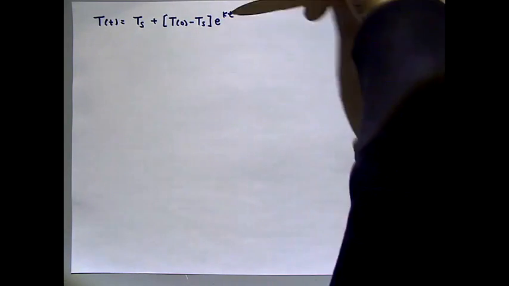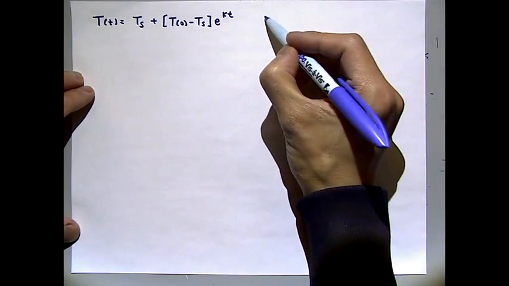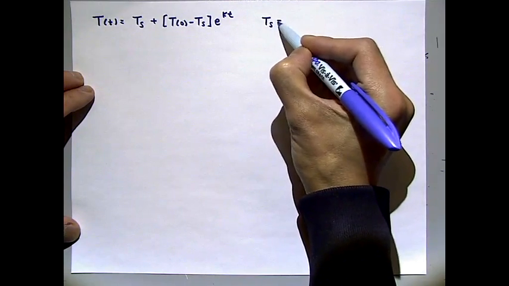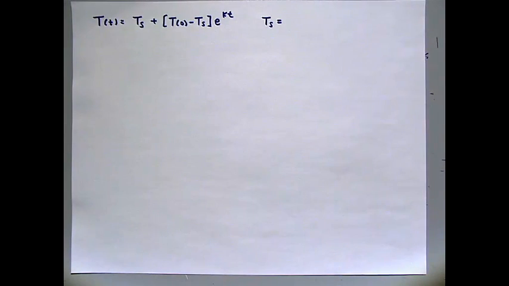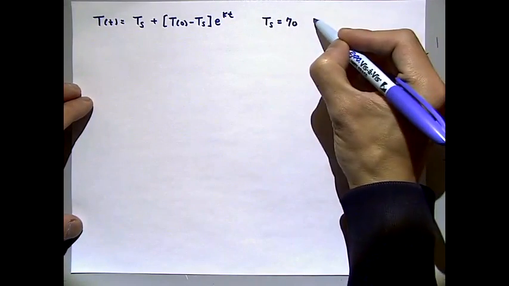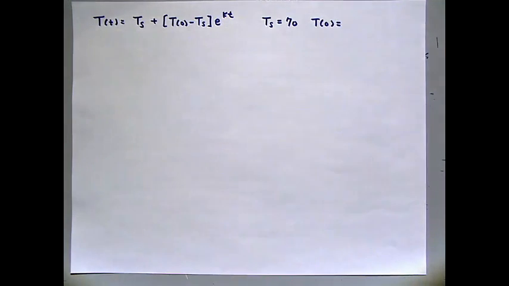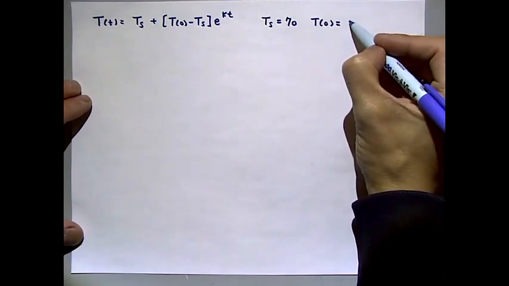Once I know K, that's all I need. The problem gave us Ts, the ambient temperature, the surrounding temperature of the room at 70 degrees. Right? The problem gave us the initial temperature of the coffee, temperature T at t equal to 0, 130.